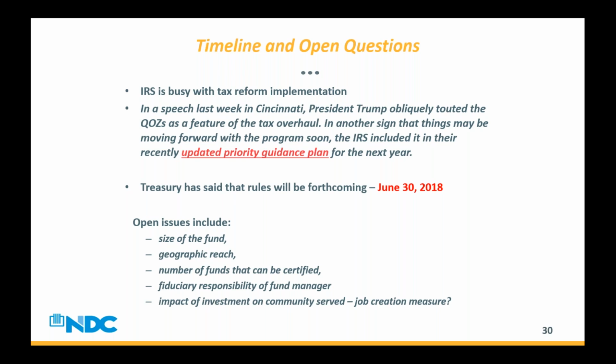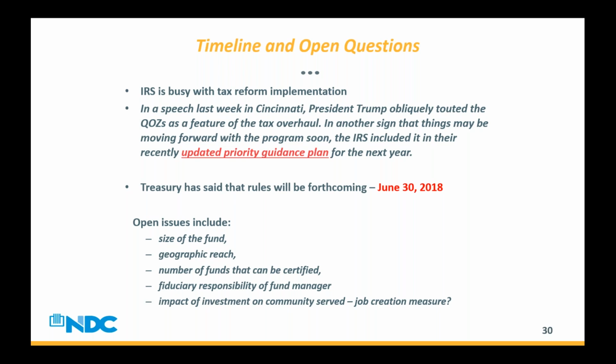So our concern is that we want to make sure that this issue stays priority on Treasury's list to issue the rules, because while we can work very hard to get the opportunity zones created, there won't be any real investment until there is a certified fund.